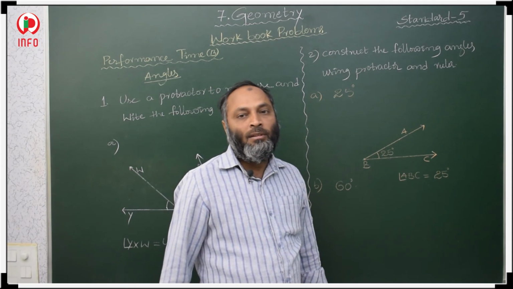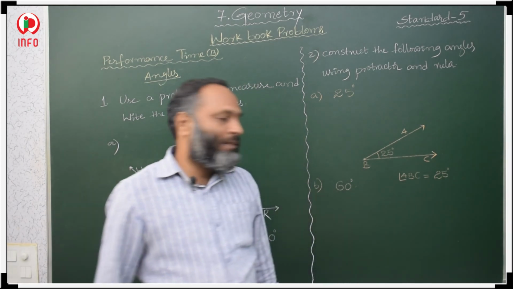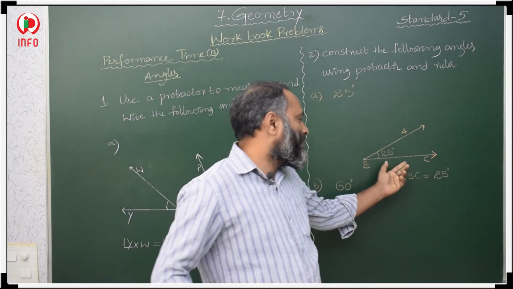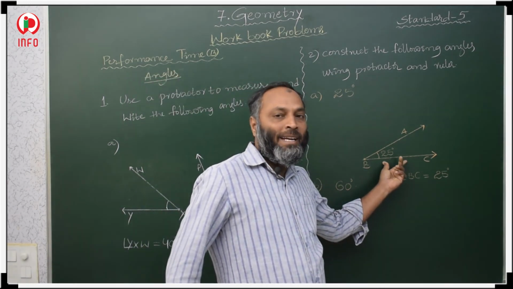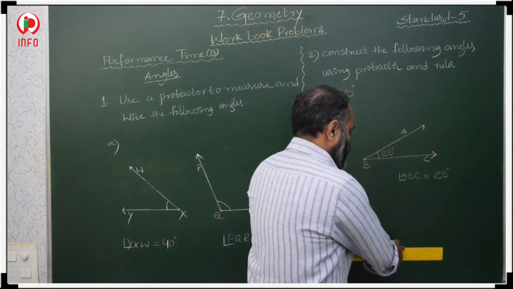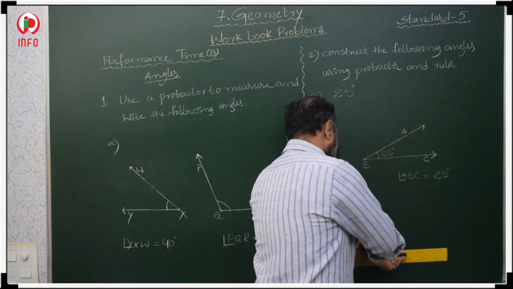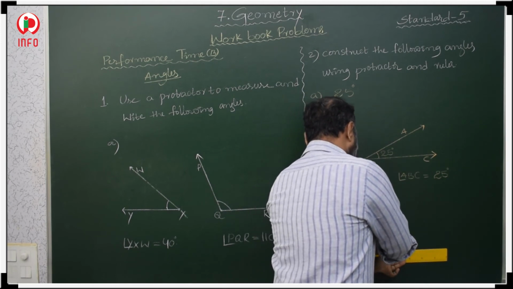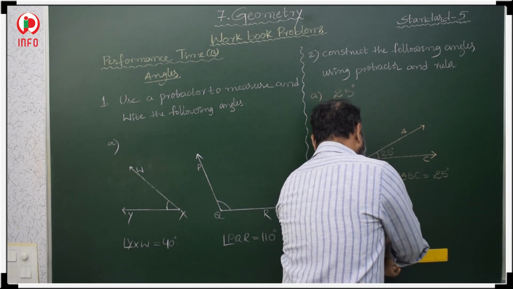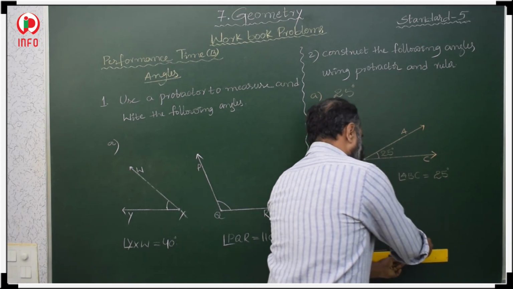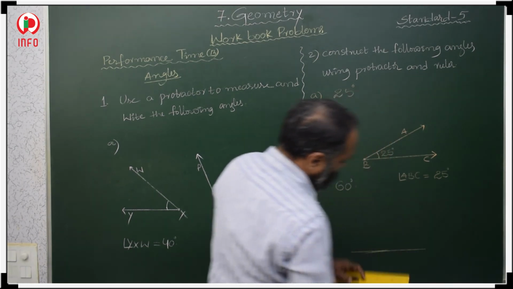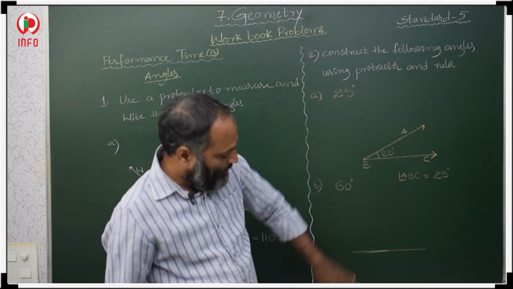Now the next one. This 60 degrees we have to construct. In the first case we took the ray towards the right, so here it is better to take it towards the left. You should know how to construct if the ray is towards the left and towards the right, so you have to do both methods.